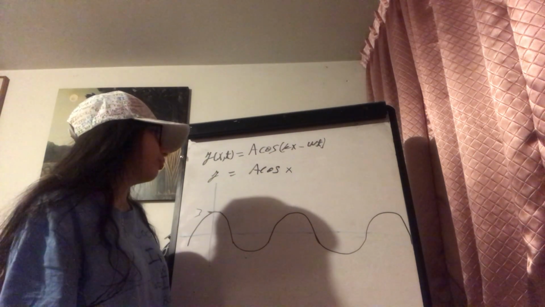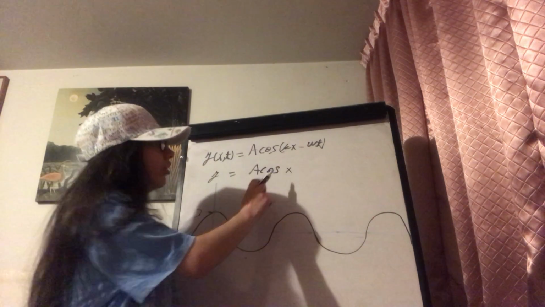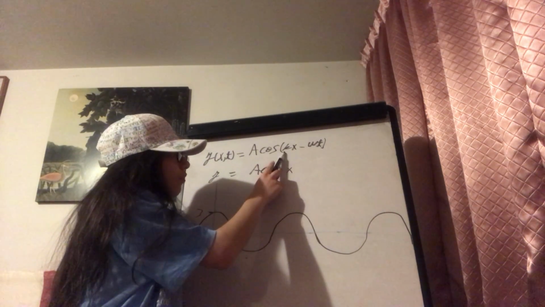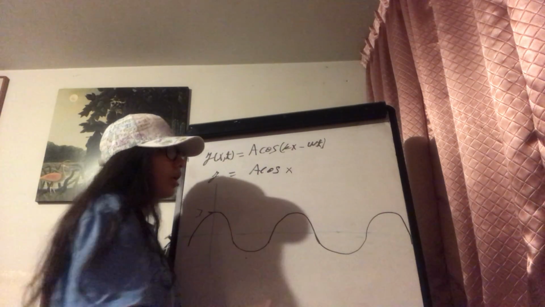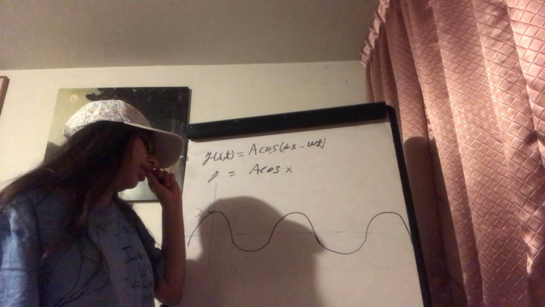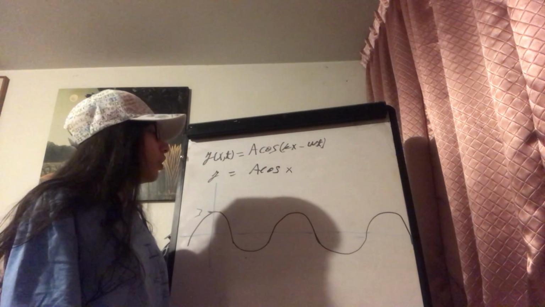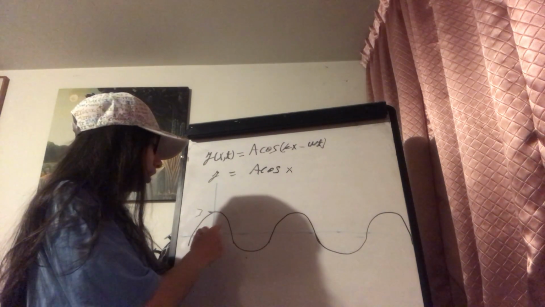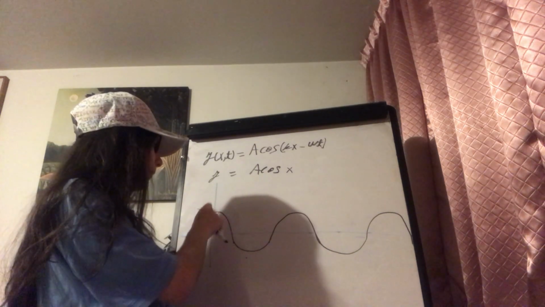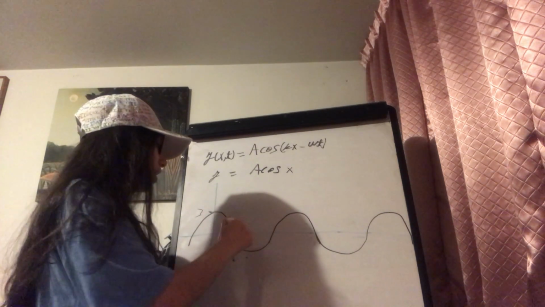Now, why do I have cosine of kx and not just x? This is because, look here, that this has the same as this.